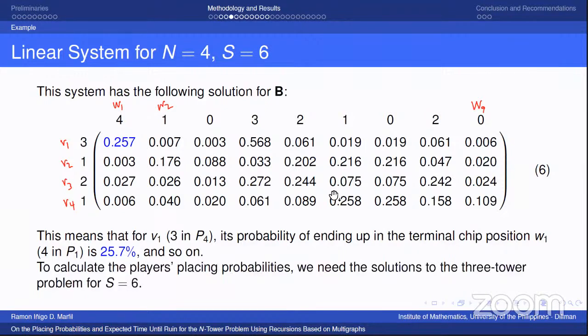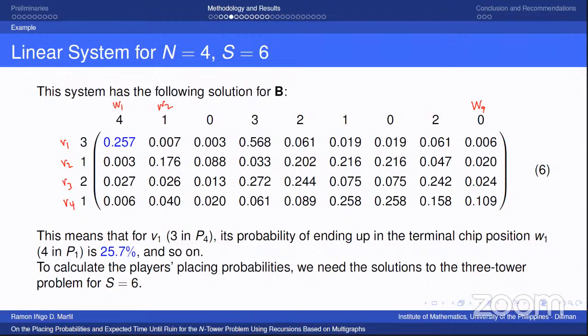Okay? Now, to calculate the players' placing probabilities, we need the solutions to the 3-tower problem for S equal to 6. Because so far, what we have solved is the probability of each player ending up in each specific terminal position in the 4-player problem.